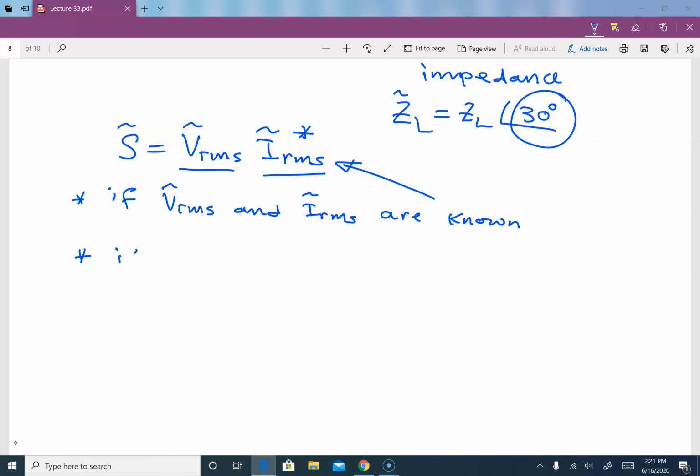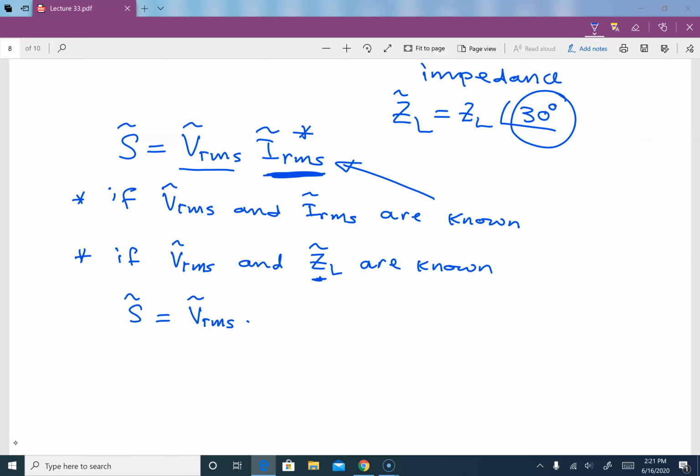Now, if VRMS and ZL are known, then we can substitute: S is equal to VRMS, which is known, times IRMS, which is not known, however ZL is known.